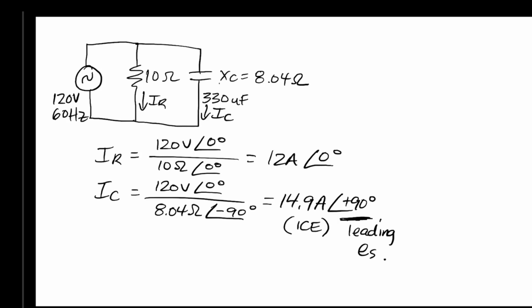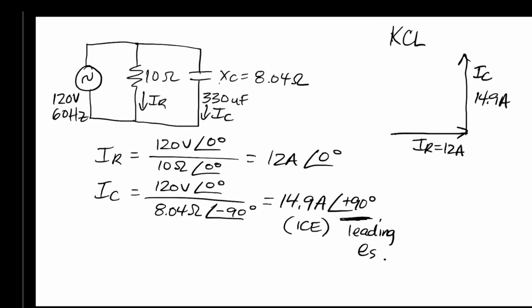And if we look at our current triangle to prove Kirchhoff's current law, what are we going to have? We're going to have IR of 12 amps. We're going to have a leading current here, IC, of 14.9 amps. And the total current will be here, I total.